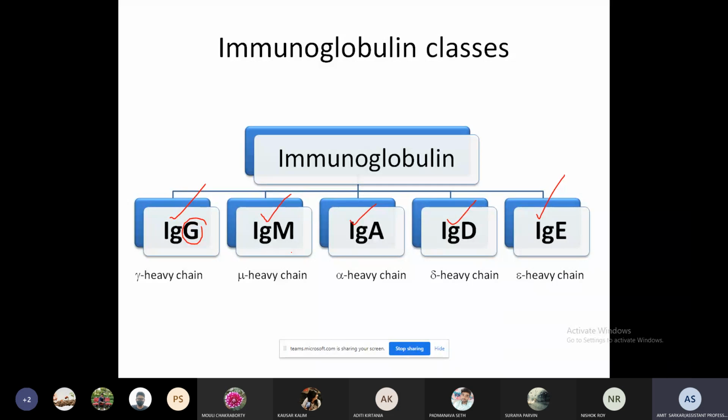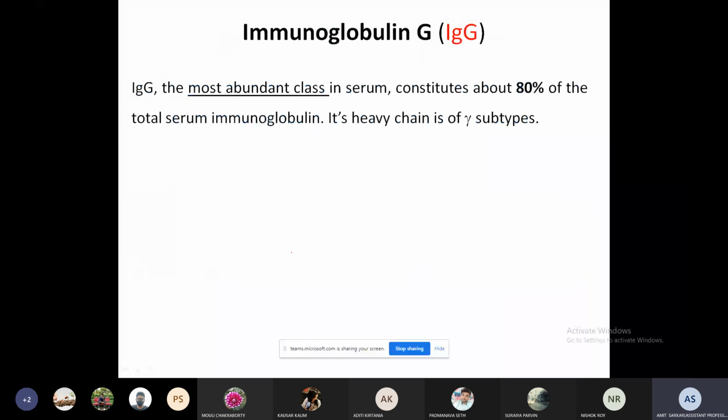We are talking about different classes of immunoglobulin because their properties and functions are way different from each other. Although all of them are antibodies, their biological properties or functions are not the same. So we'll focus here on the immunoglobulin G type.